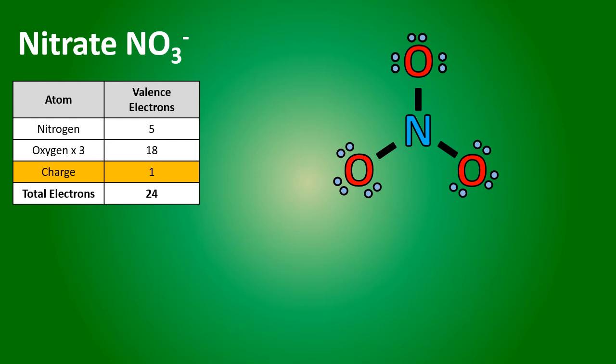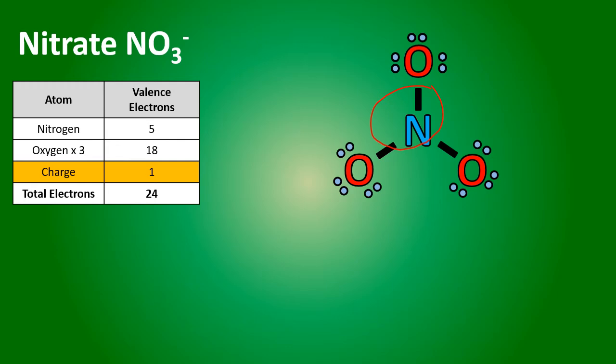So there we go. Now what we hit is that we've got a bit of a snag: the nitrogen doesn't conform to the octet rule. The octet rule means that we need to try and get 8 around that central atom. We've only got 6 at the moment.